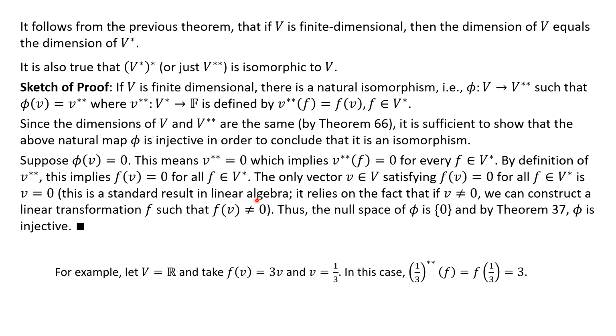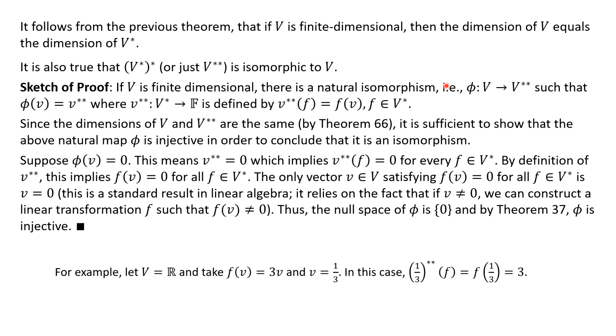This is a standard result from linear algebra. It relies on the fact that if v doesn't equal 0, we can construct a linear transformation f such that f of v does not equal 0. The conclusion is the null space of phi is just the 0, and then by theorem 37, phi is injective.